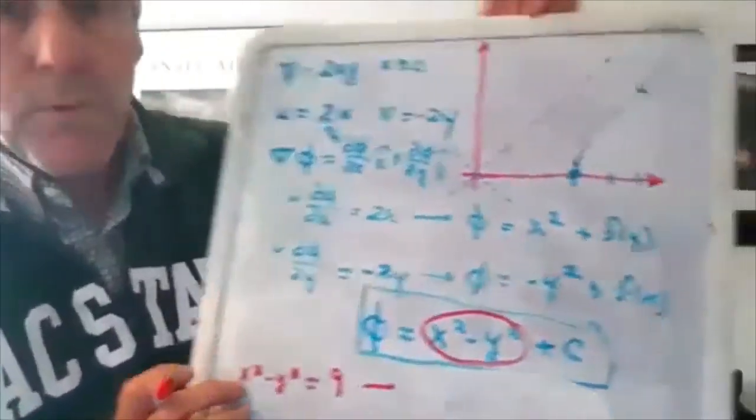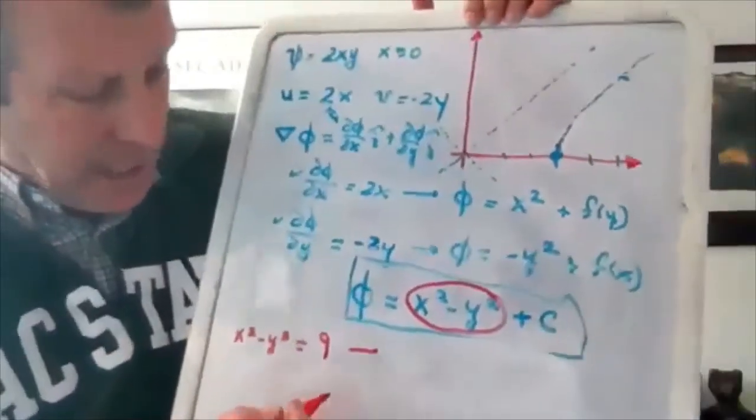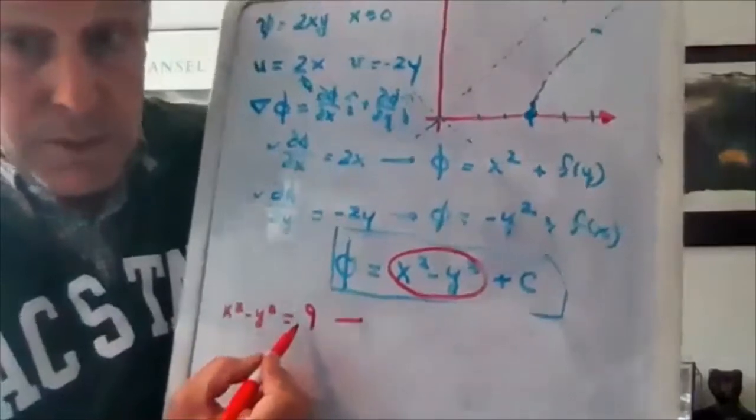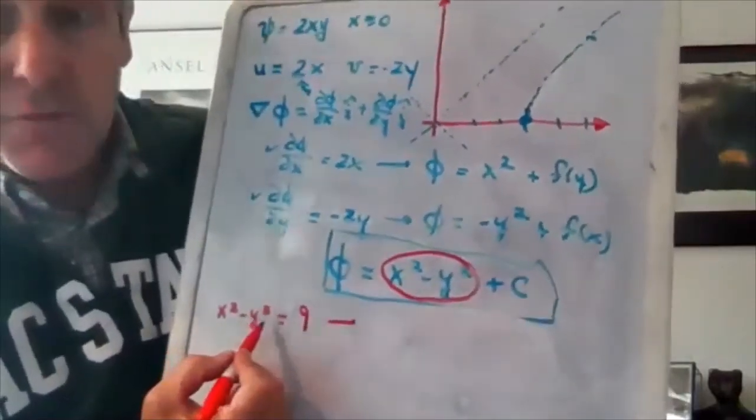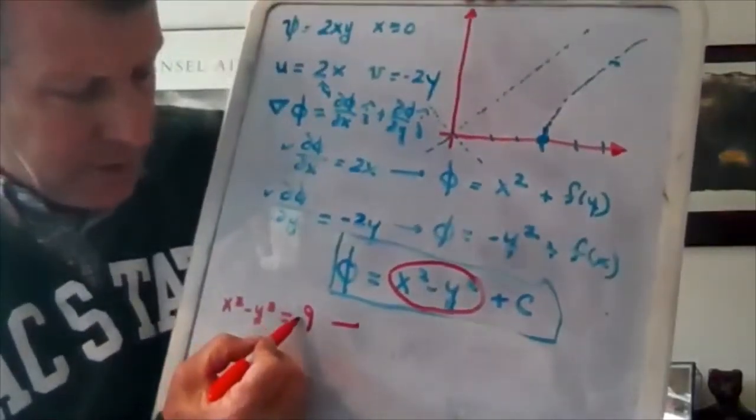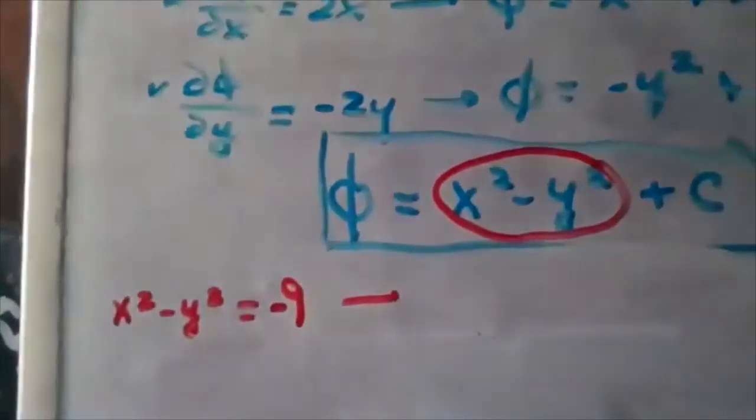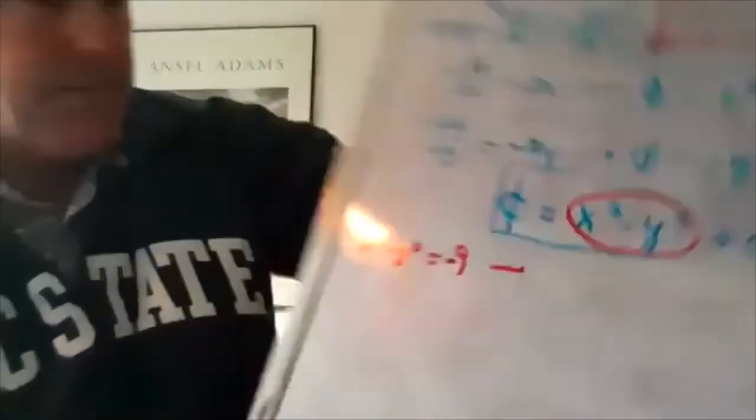Okay, so we want to get one more line here, and it turns out that we can solve this equation for x, but to make it work, we actually need to change that 9 to a negative 9. So why don't you give it a try? Try to solve that equation for x and see how it works out.